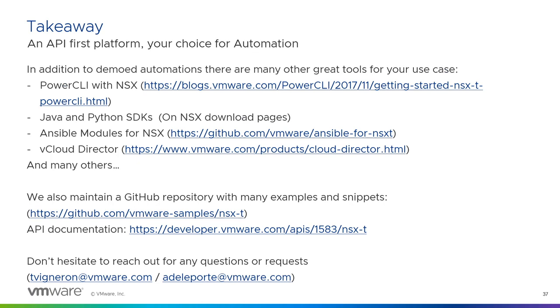And don't hesitate to reach out if you have any questions or requests. Don't hesitate to use all those GitHub repositories that we gave to submit queries. And as mentioned, and that's true for Ansible too, it's like Terraform. Those are supported, meaning we have engineers from the NSBU who are working on those modules. We put them open source on GitHub because we want the community to be able to participate and ask questions.